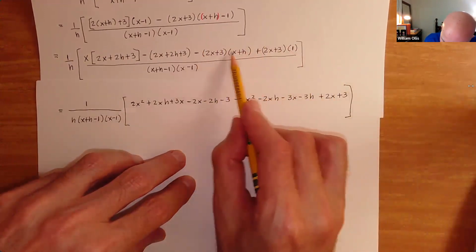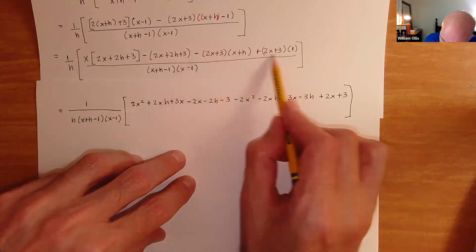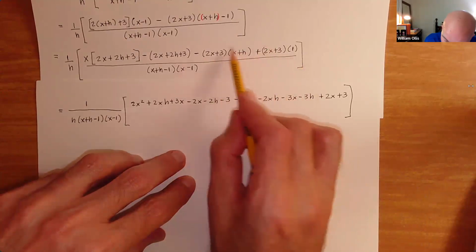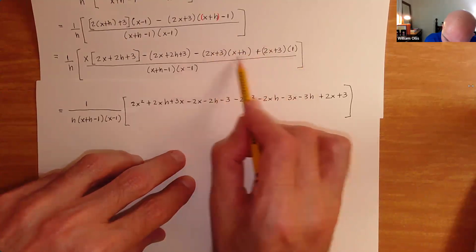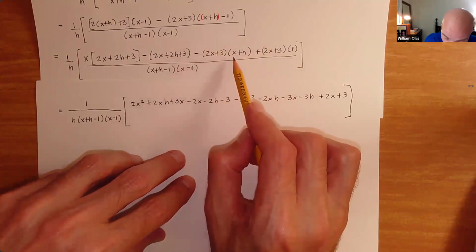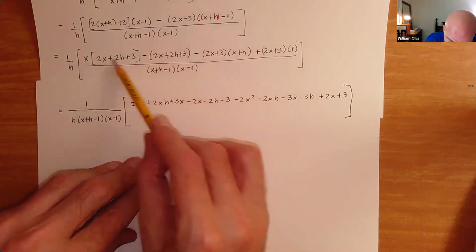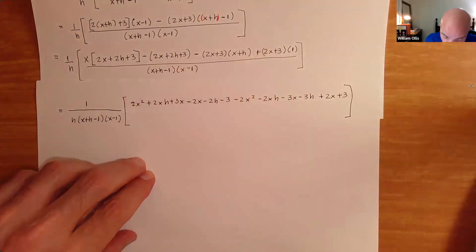So we have the 3x with the minus sign, and we have the 3h with the minus sign. And of course, this is just 2x plus 3 times 1. So notice here, if we write our arithmetic this way and not try to do all the multiplication in one line, it's a lot easier to check the work. And then, of course, over here, as we multiplied, these were simple. This was a little more complicated because we had 2 binomials.